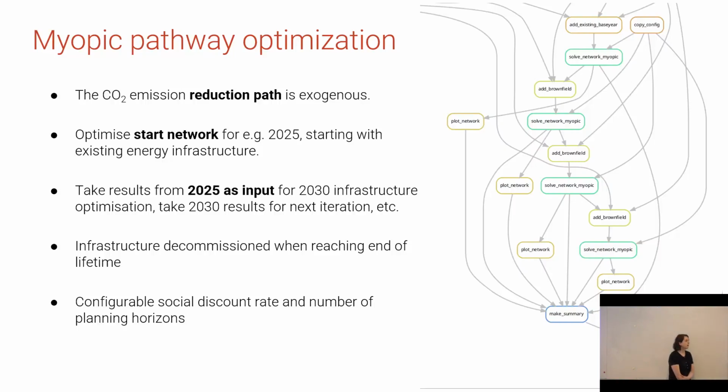So the way it is currently done by default is that if you have a capacity that was there, because it was installed in previous years, capacities only get decommissioned when they reach the end of their lifetime. It's not mandatory that you use them, but if you build them, the capital cost is still added to your system cost until they reach the end of their lifetime. This is the default.